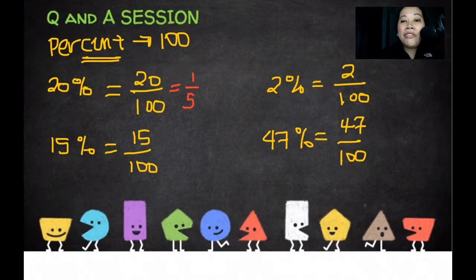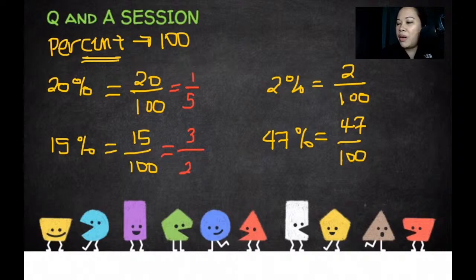And then you have 15 over 100. What is common between 15 and 100? The common factor is 5. In 15, there are 3 5s, and in 100, there are 20.